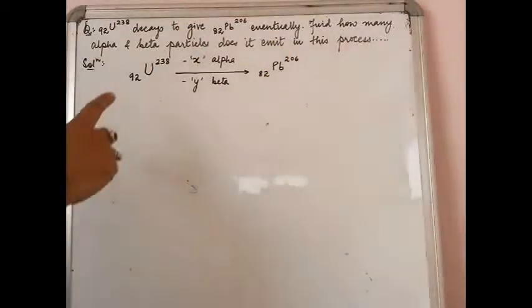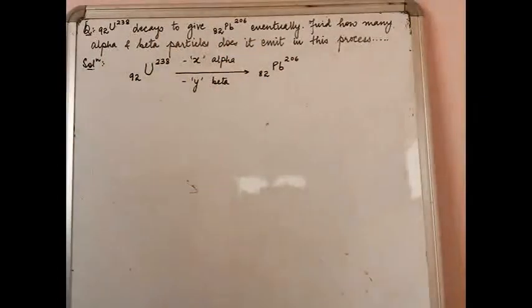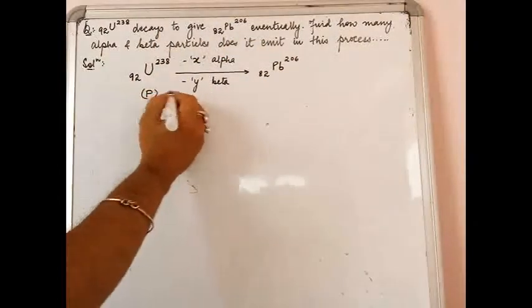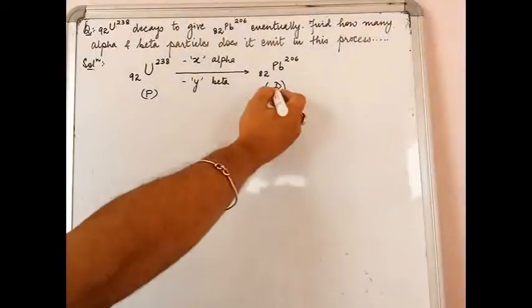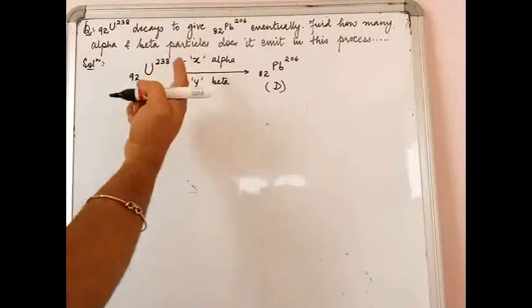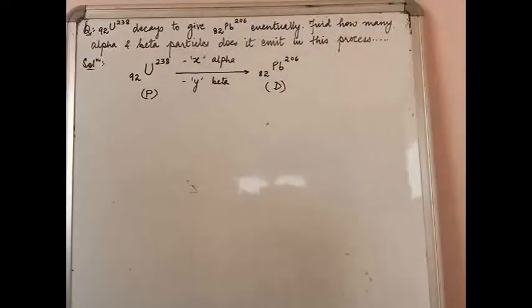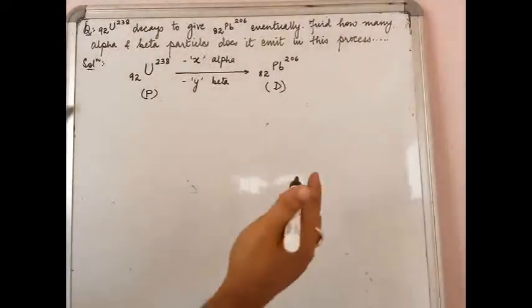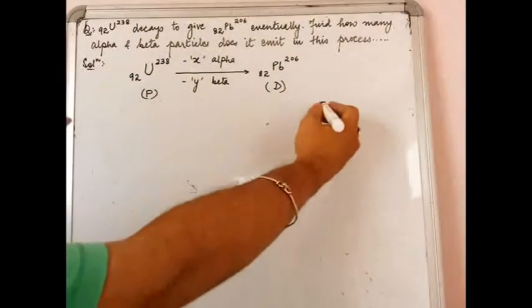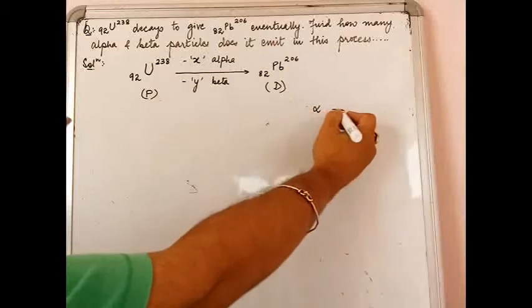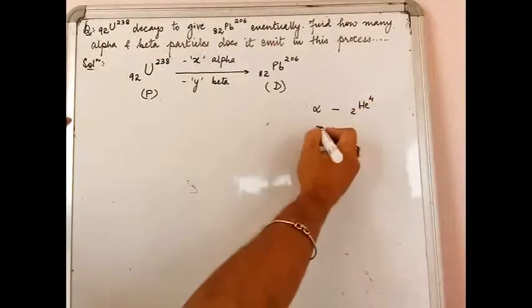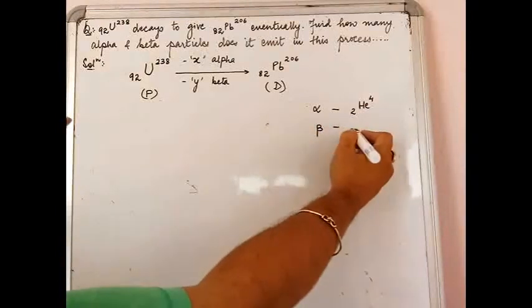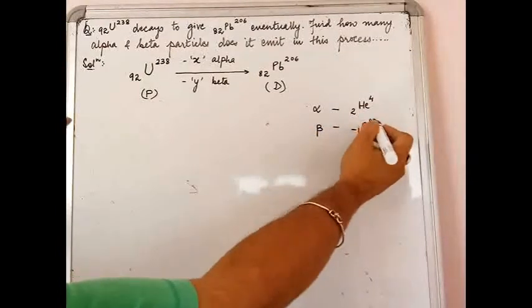Okay, this is the reaction that is taking place. This is the parent nucleus and this is the daughter nucleus. We have to find X and Y. Now before beginning this question, let me remind you, I hope you all have studied that one alpha particle means 2He4 and one beta particle means -1e0.